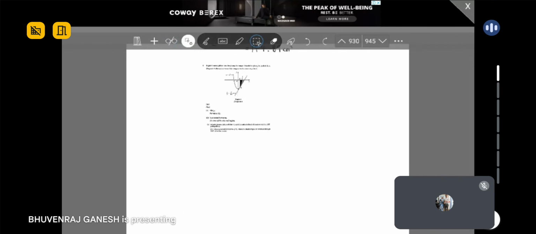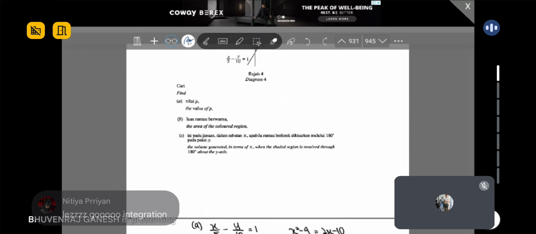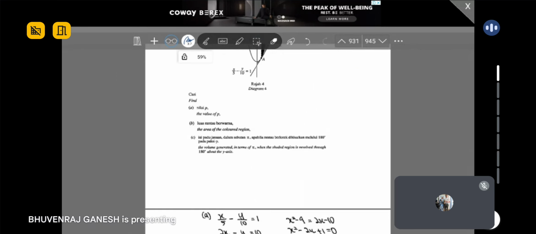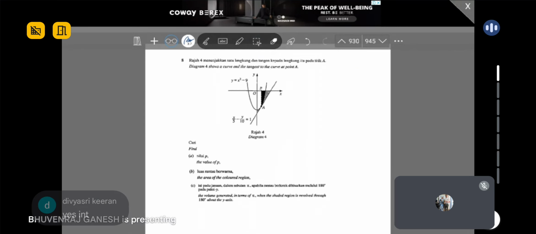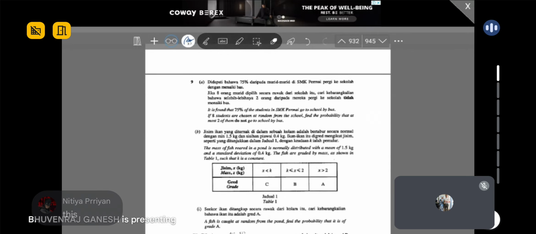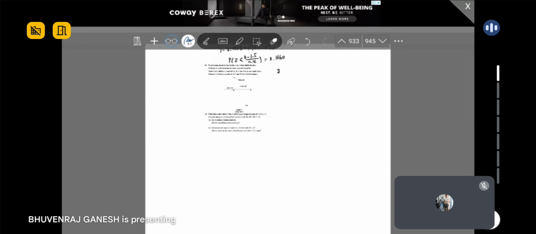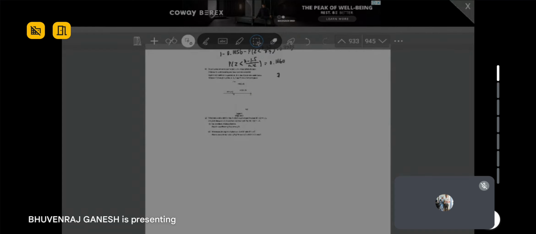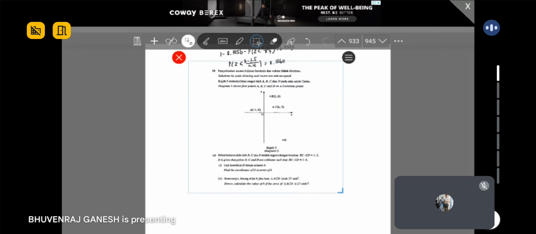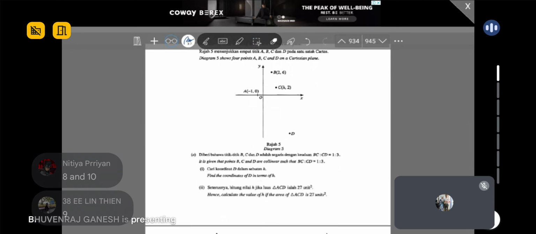Okay, so now section B. Section B is time for you guys to choose the question. Kamu kena pilih soalan untuk bahagian B. So what question do you all want me to do, guys? Choose 3. Pilih 3 sahaja. This one is question 8. This one is question 9. Question 10 is about, let me see, coordinate geometry.